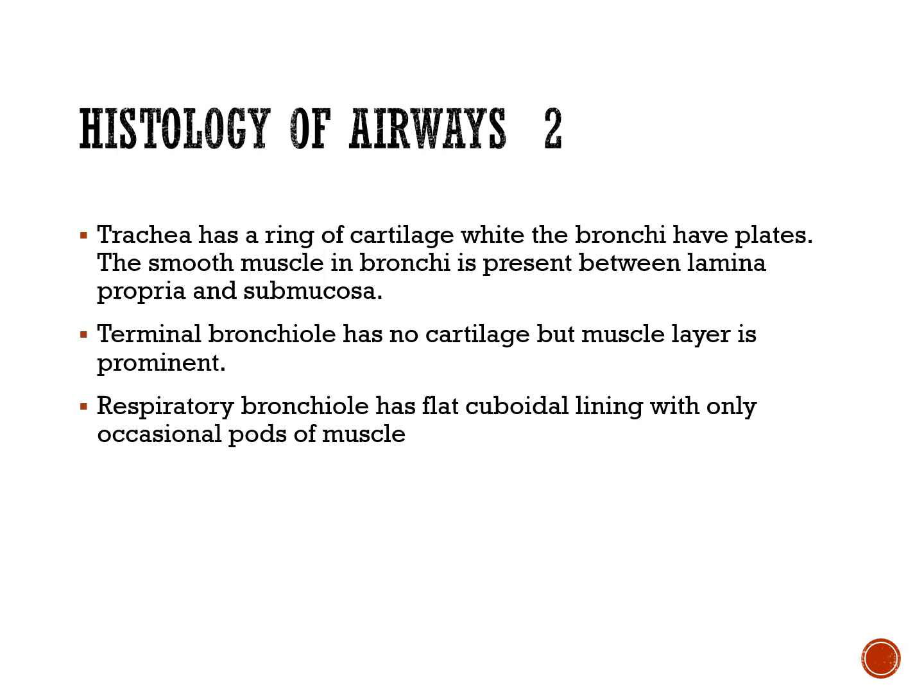Trachea has a ring of cartilage, while the bronchi have plates. The smooth muscle of bronchi is present between the lamina propria and submucosa. Terminal bronchiole has no cartilage, but the muscle layer is prominent. Respiratory bronchiole has flat cuboidal lining with only occasional bits of muscle.